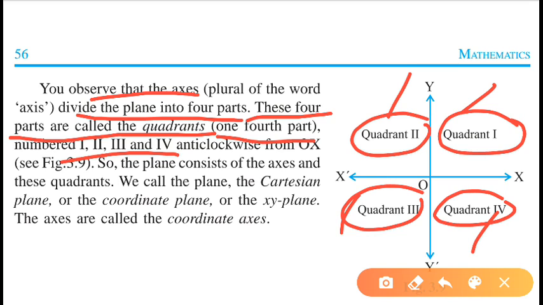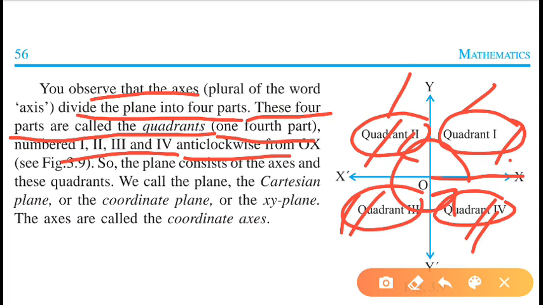Now one of the most important things: these quadrants are numbered 1, 2, 3, 4 in the anti-clockwise direction from the ox. So ox we have over here. From here we take the anti-clockwise direction, and in this direction the first quadrant is this one, then second, third, fourth.